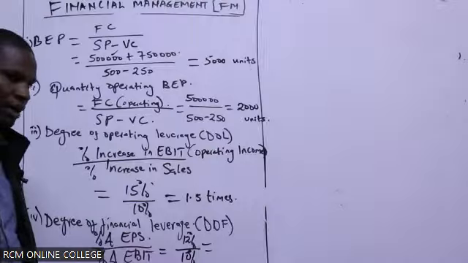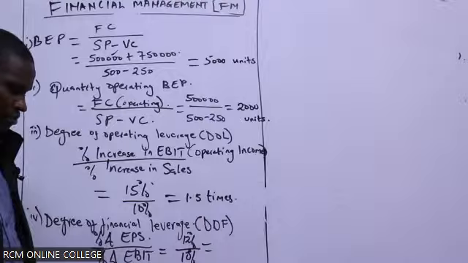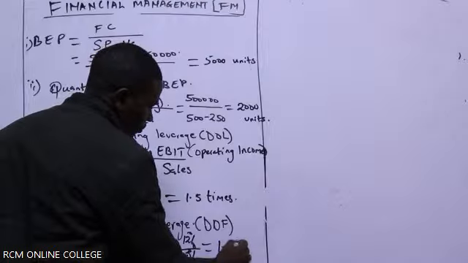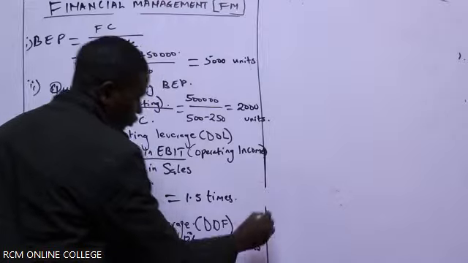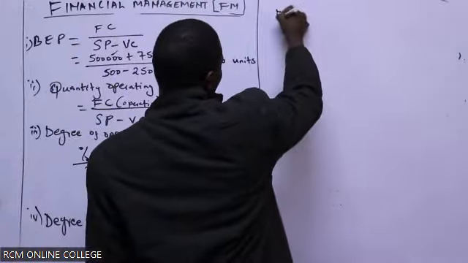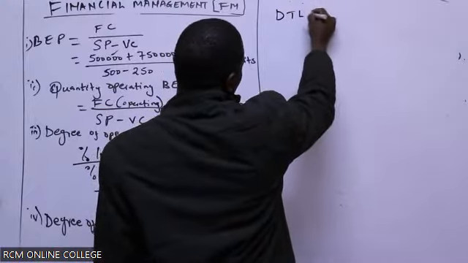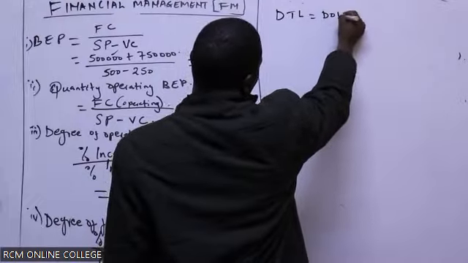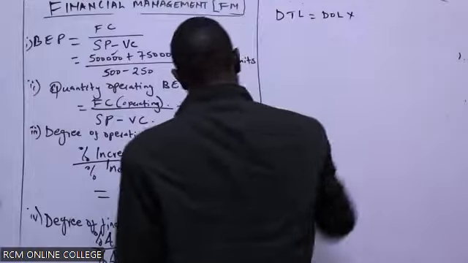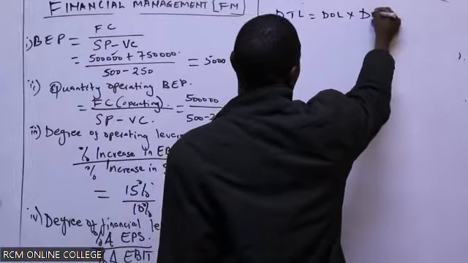12% divide mara ngapi? 1.2 times. And then DOL, the degree hiyo ya total leverage is DOL times DFL, degree of financial leverage.